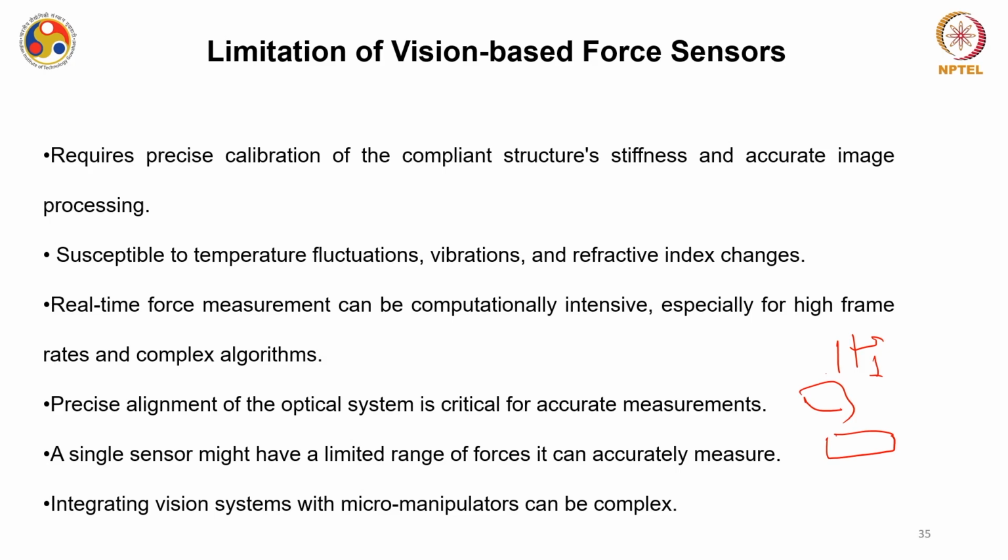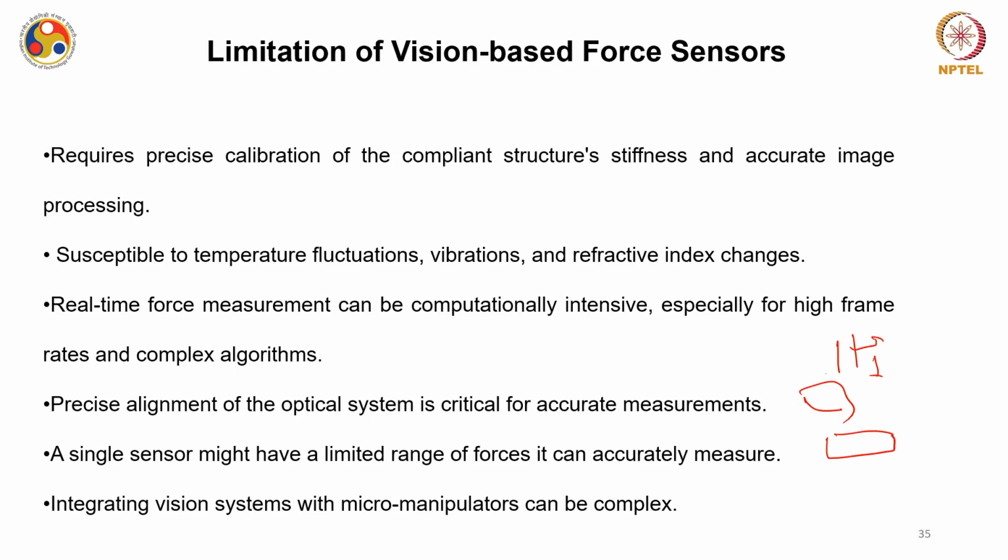So the alignment of the optical device that you are using, be it a camera or a microscope, is very crucial, because it plays a very critical role for this vision based force sensor. A single sensor might have a limited range of force it can accurately measure.